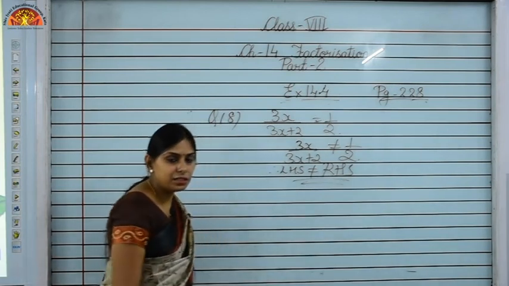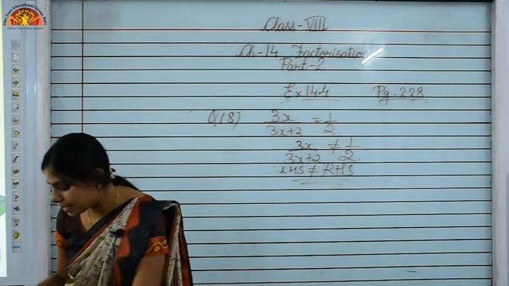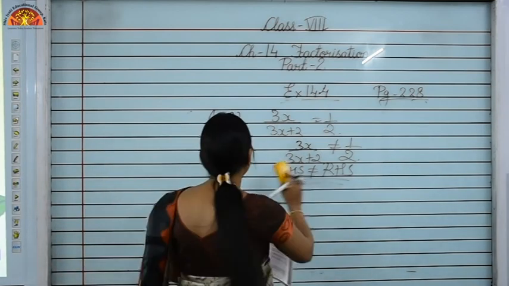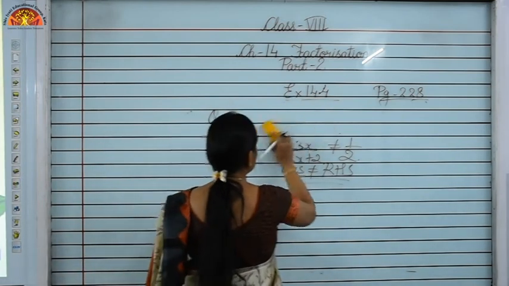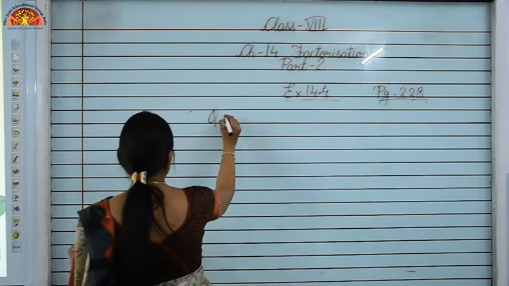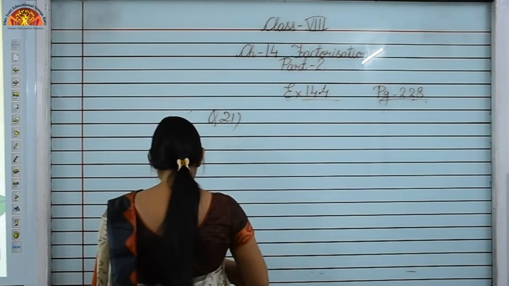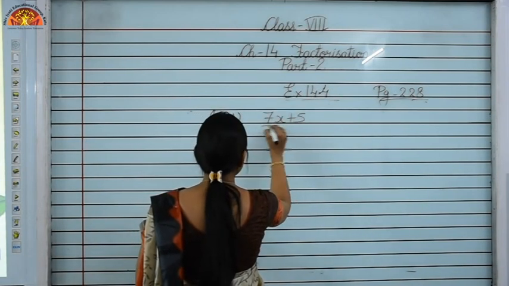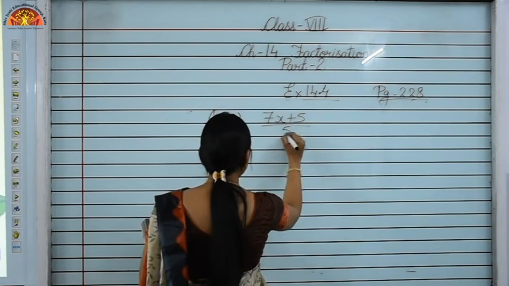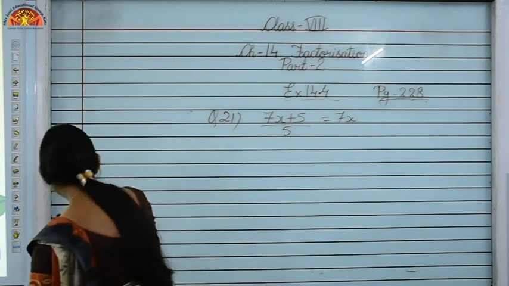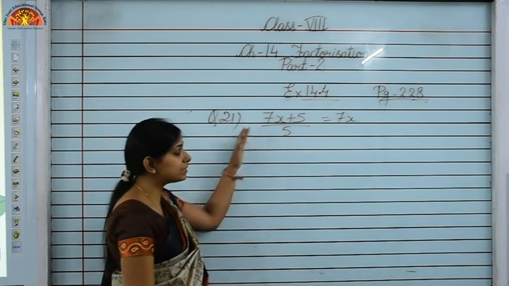Is it clear? Now just see the last question of this exercise, that is question number 21. We will solve question number 21. It is given (7x plus 5) upon 5, which is equal to 7x. So first of all, we will solve the left hand side.